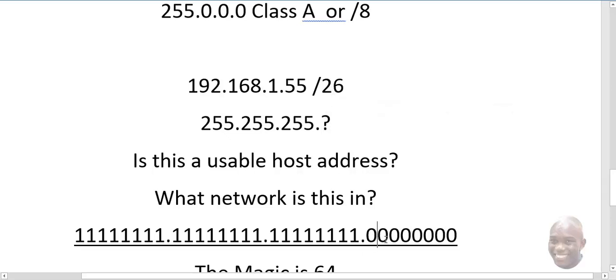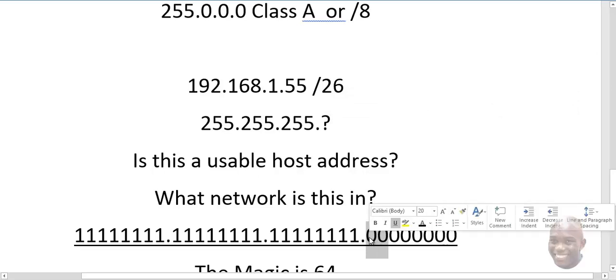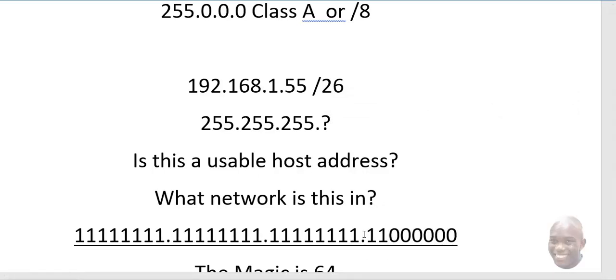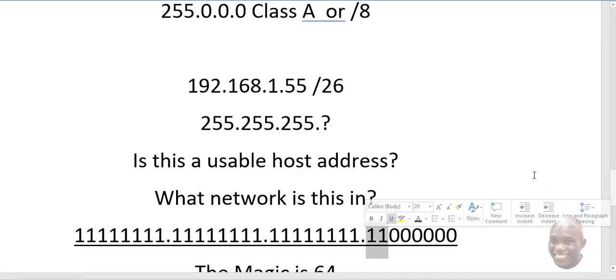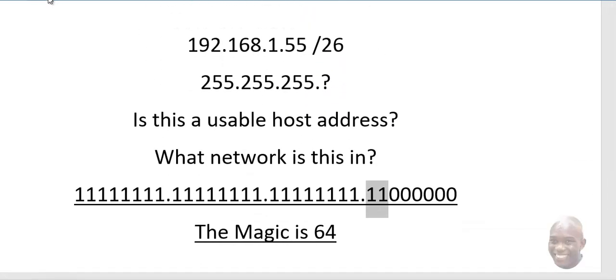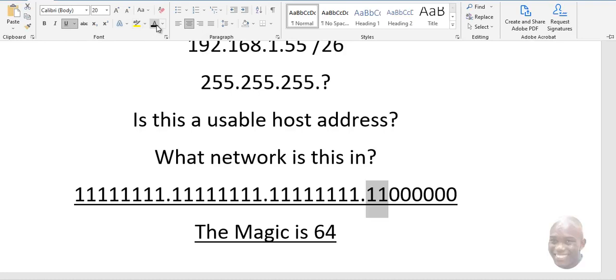So we're going to borrow 2 bits, so that would be 24, 25, 26. As we borrow these 2 bits, I'm going to put it in a little color code here to understand the whole concept of the magic number and why it is important for us to understand the magic number.